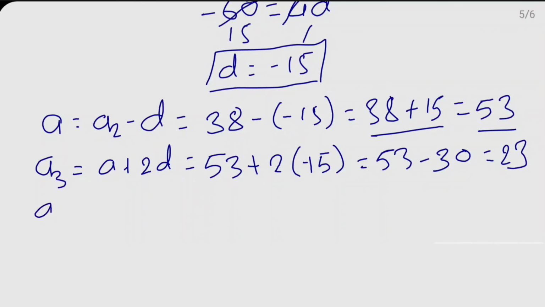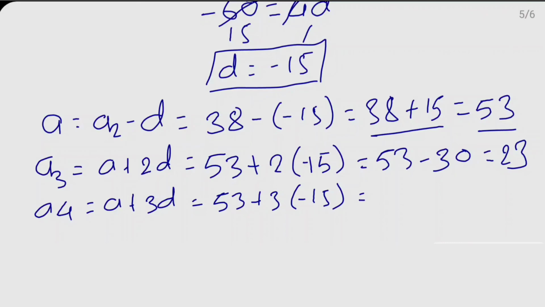And now a4. So a4 is a plus 3d. So what is the a? A is 53 plus 3, d is -15. So here 53, 3 into -15 is -45. So here 53 minus 45 is 8.